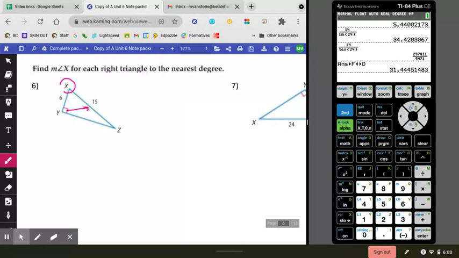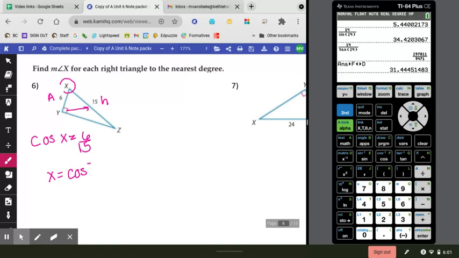15 is the hypotenuse because it's across from the right angle. 6 is adjacent because it's next to x. The ratio that uses adjacent and hypotenuse is cosine. So cosine of x equals 6 over 15. To find x, we do the inverse cosine.